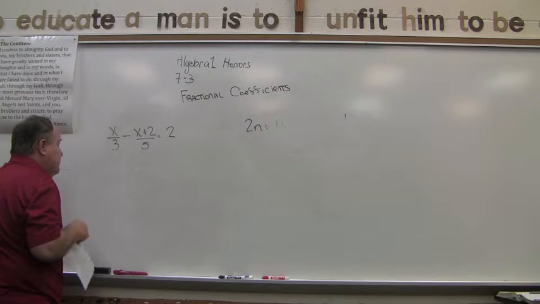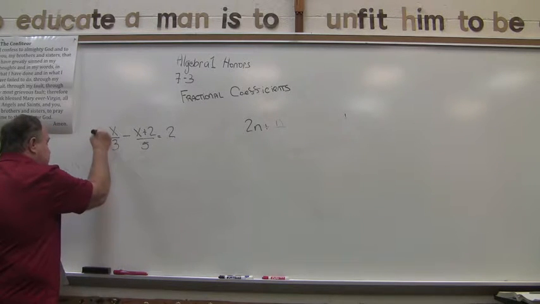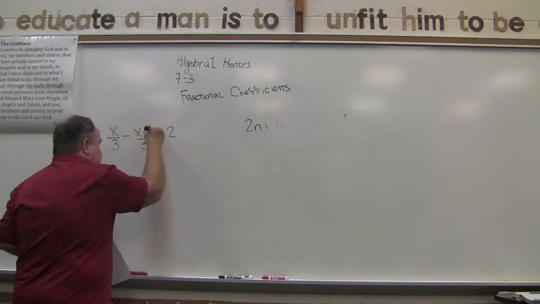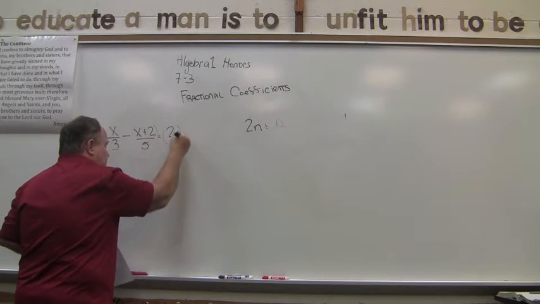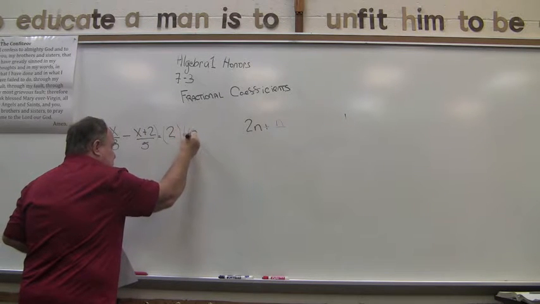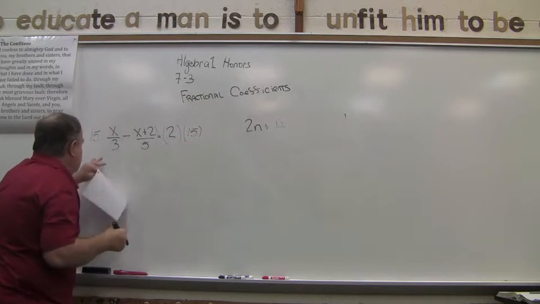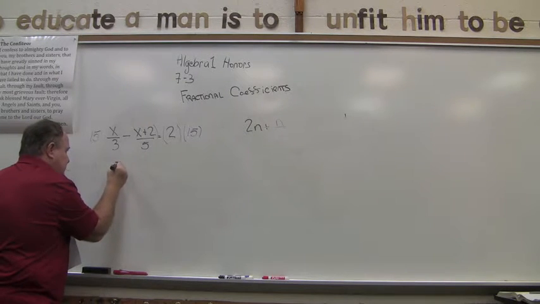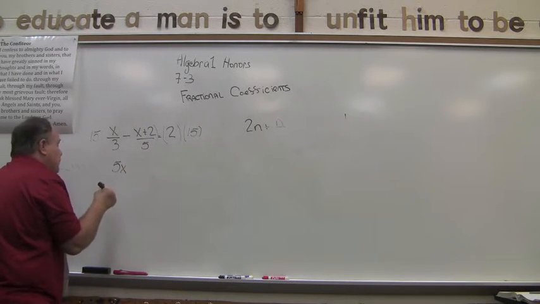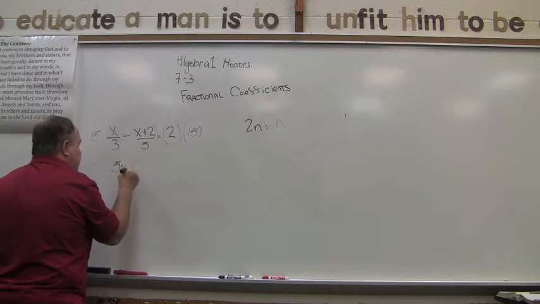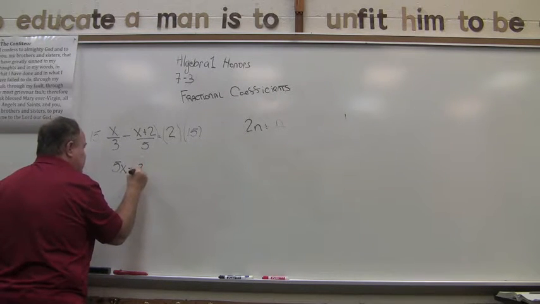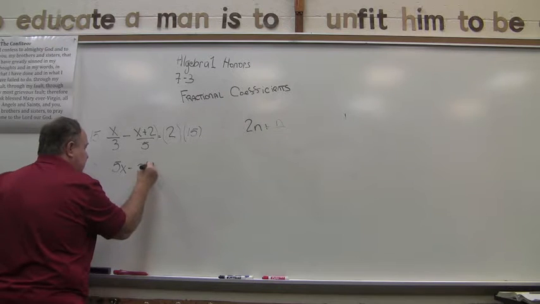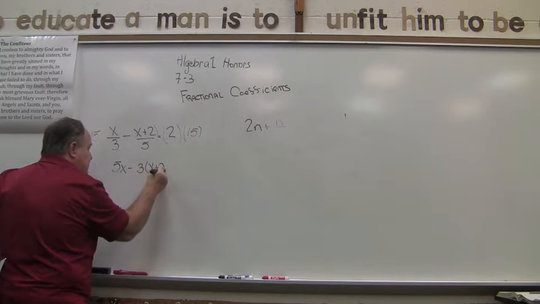What I'm going to do is multiply each of these terms by 15, and we'll multiply 15 here too. So this will turn into 5x. And over here, it'll be minus 3 times x plus 2. You see, we cleared our denominators.